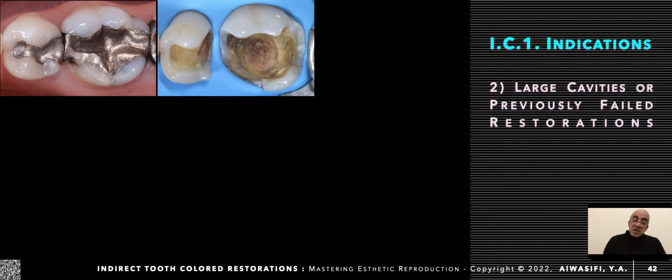If he intends to go for direct composite, there will be great difficulty reproducing the lingual anatomy, the contact relationship, and also the occlusion.